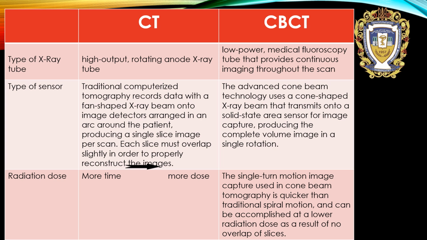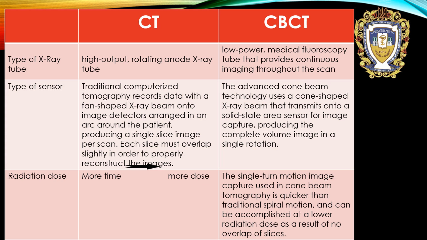Each slice must overlap slightly in order to properly reconstruct the images. Cone beam CT uses a cone-shaped X-ray beam that transmits onto a solid-state area sensor for image capture, producing the complete volume image in a single rotation.